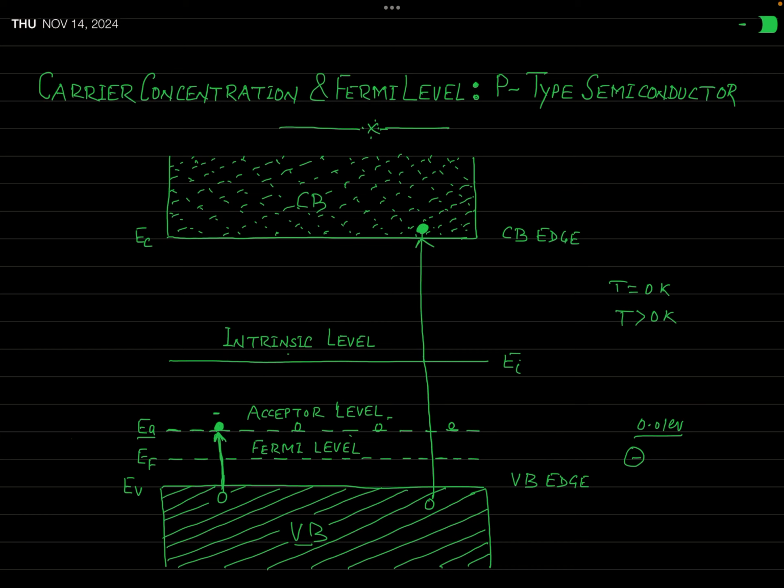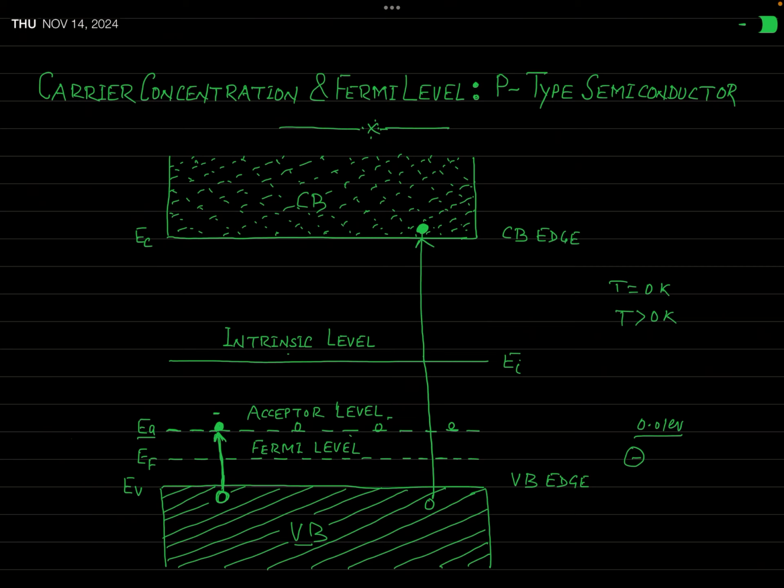And due to this movement of electron from valence band to the acceptor level, there will be a hole created in this valence band. So a hole is created when an electron moves from valence band to the acceptor level, and this electron has been accepted by the impurity atom.